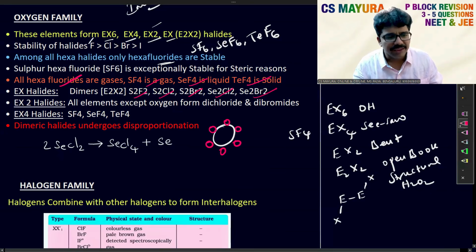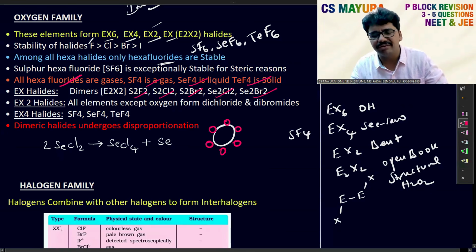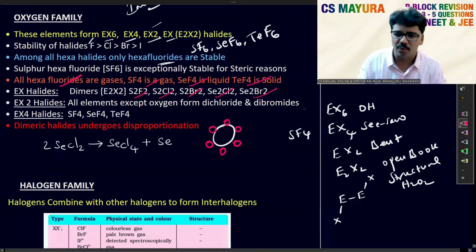For EX2 type halides, all elements except oxygen form dichlorides and dibromides. And EX4 halides are SF4, SeF4 and TeF4.